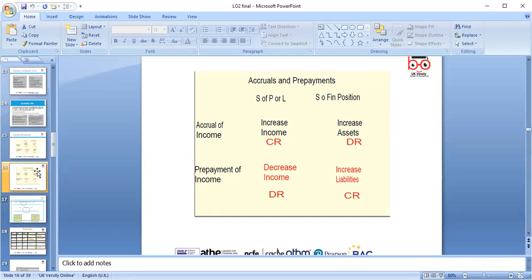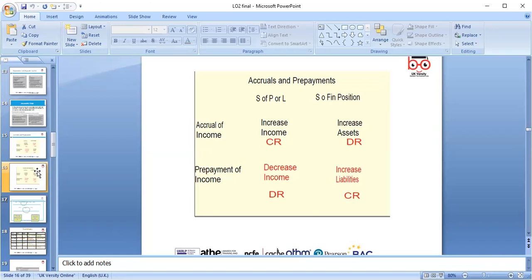So we can look at accrued income, and we can make an increase in our asset because the asset is a receivable, since it has not been received, and we can make adjustments accordingly.